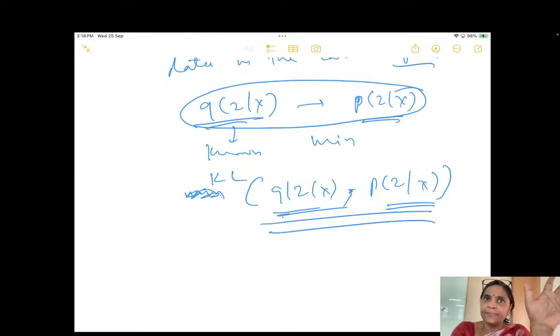Are you getting? Outcomes, what are these measurements? When I click a photograph of this room, and if this photograph is of the size say 1024 by 1024, this is coming from the sample space of images of 1024 by 1024 with each pixel taking RGB value, which is a finite set. Yes or no?